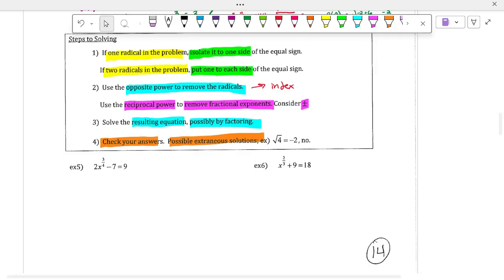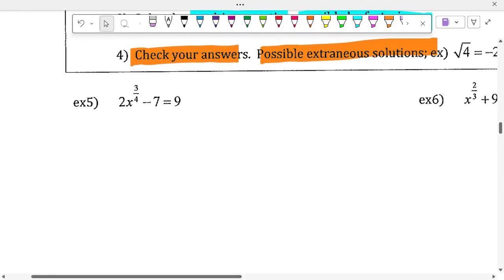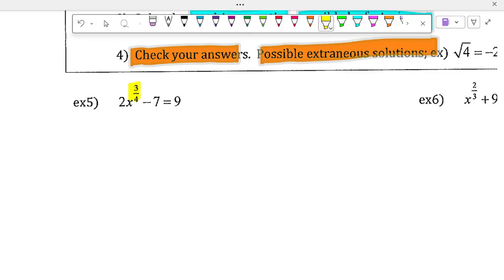So let's look at example 5. I'm actually not going to convert the x to the 3/4 to a radical, and you'll see why in just a second. First things first, I gotta get this by itself. So what do I need to do first?